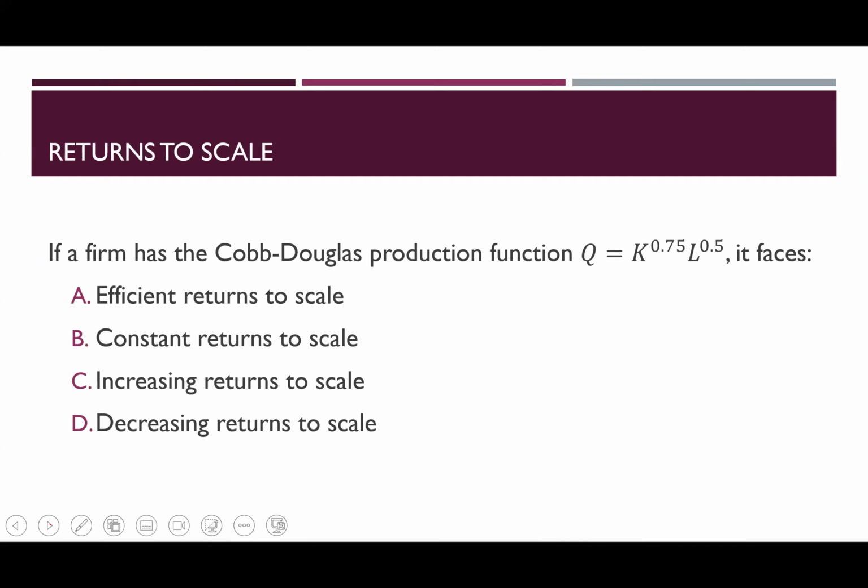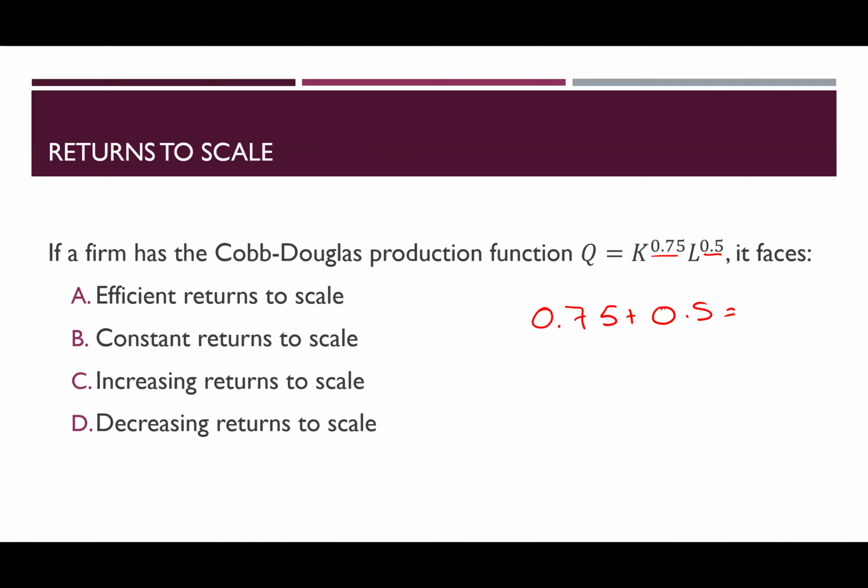All right, so quick practice problem for returns to scale. Given a Cobb-Douglas production function of quantity of output equal to K to the 0.75 power times L to the 1/2 power, what types of returns to scale does this firm have? So we can use our quick check by seeing what the sum of the exponents is.